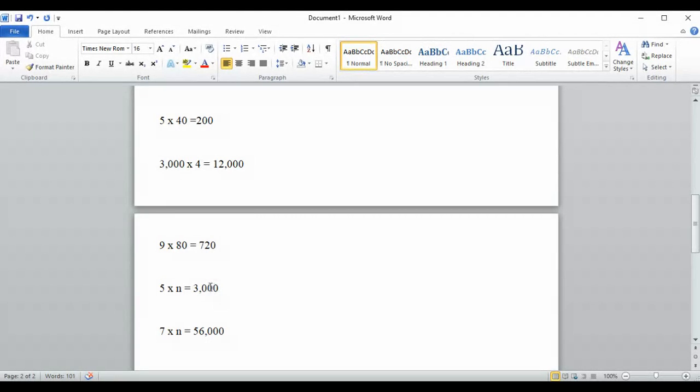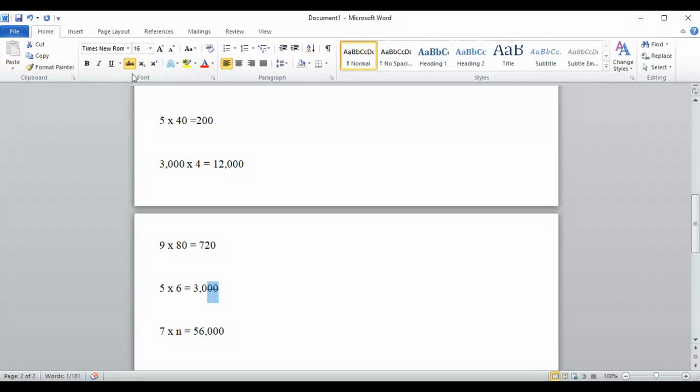5 times blank equals 3,000. So we're going to have to ask ourselves, I'm going to take a couple of zeros off here, all right? I'm just going to X them out just for a minute and say, okay, 5 times what will give me 30? It is 6. So I don't have just plain 30 though. I have 3,000.